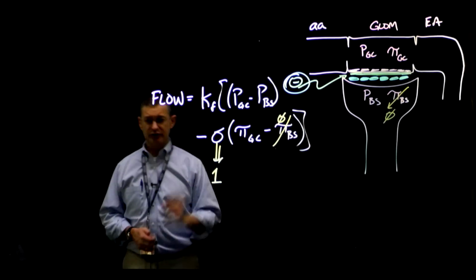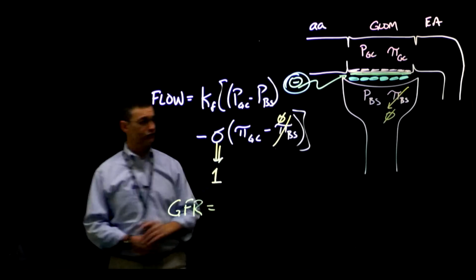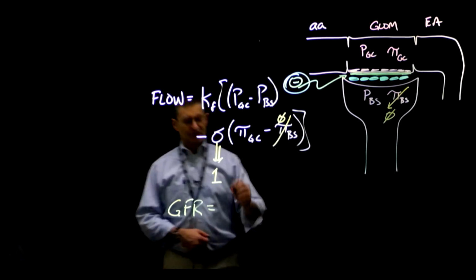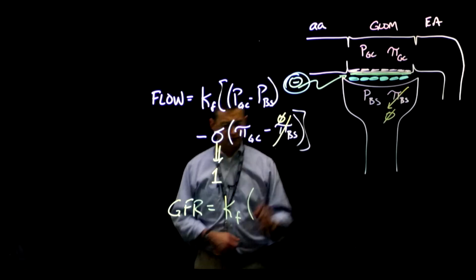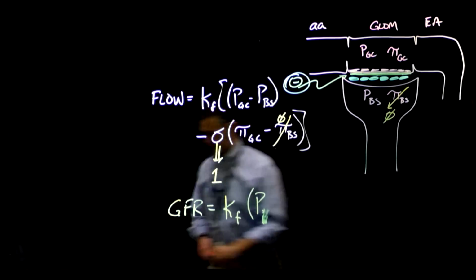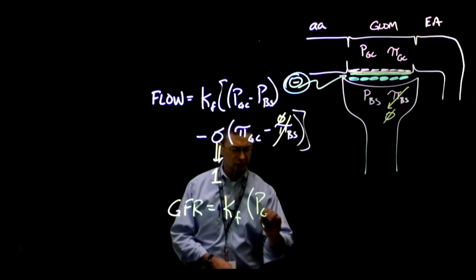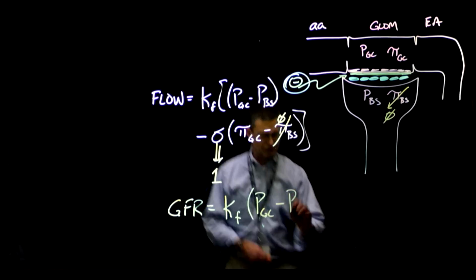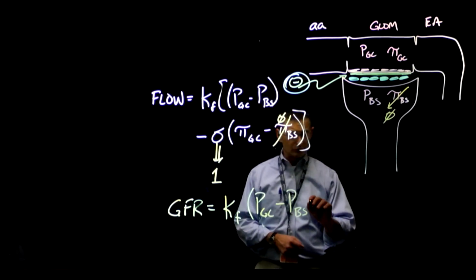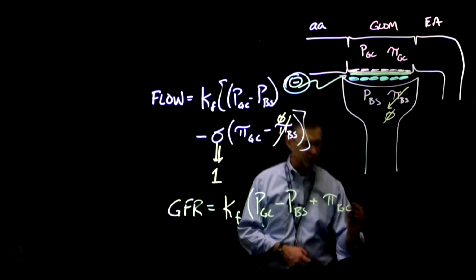And so we can rewrite this equation as a function of GFR, glomerular filtration rate, so flow from the glomerular capillary across into Bowman's space is equal to the capillary hydrostatic pressure, minus the hydrostatic pressure in Bowman's space, plus the oncotic pressure in the glomerular capillary.